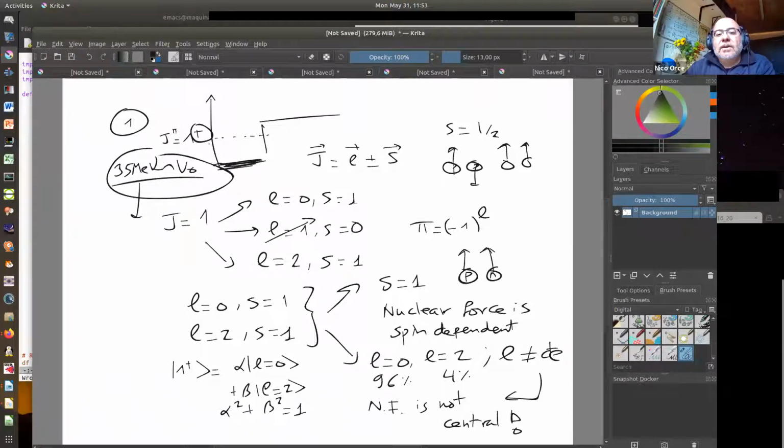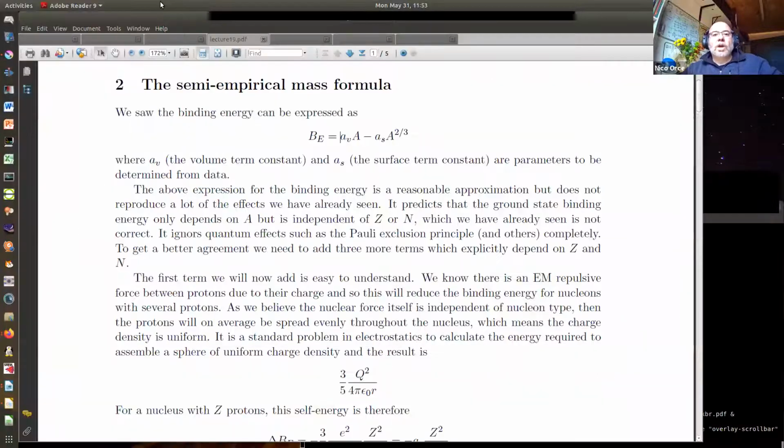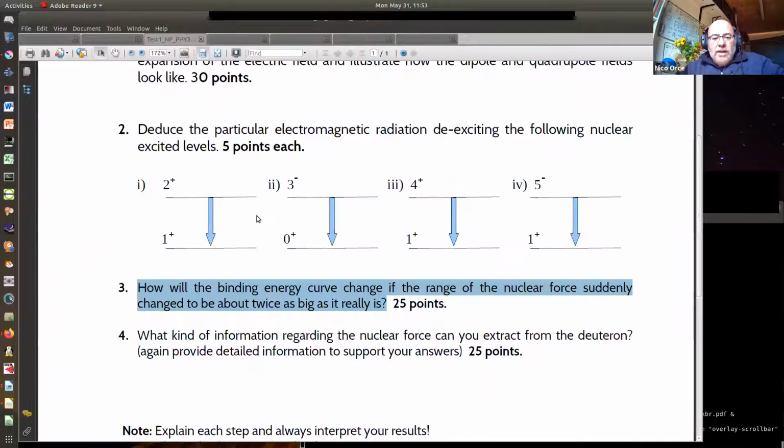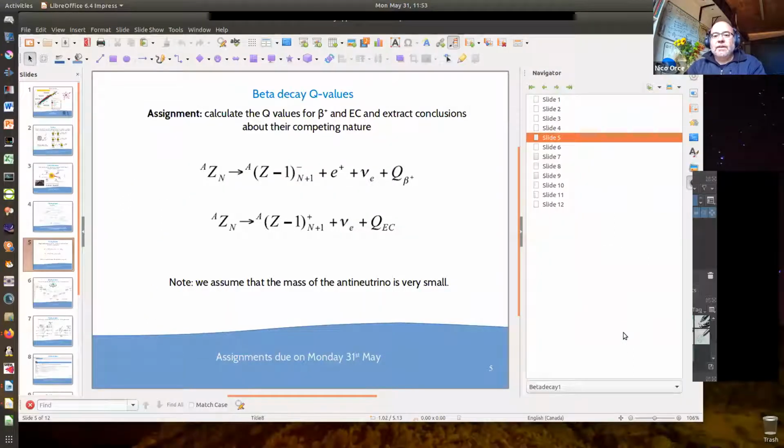But you know, this is to the point. Don't start calculating the deuteron potential because I just want you to let me know what kind of information regarding the nuclear force can you extract from the deuteron, right? That was it. Nothing else.